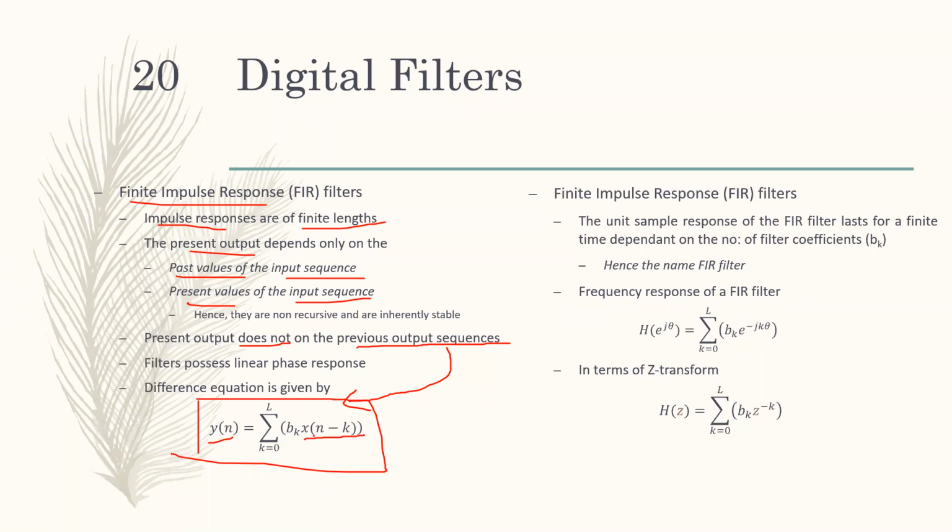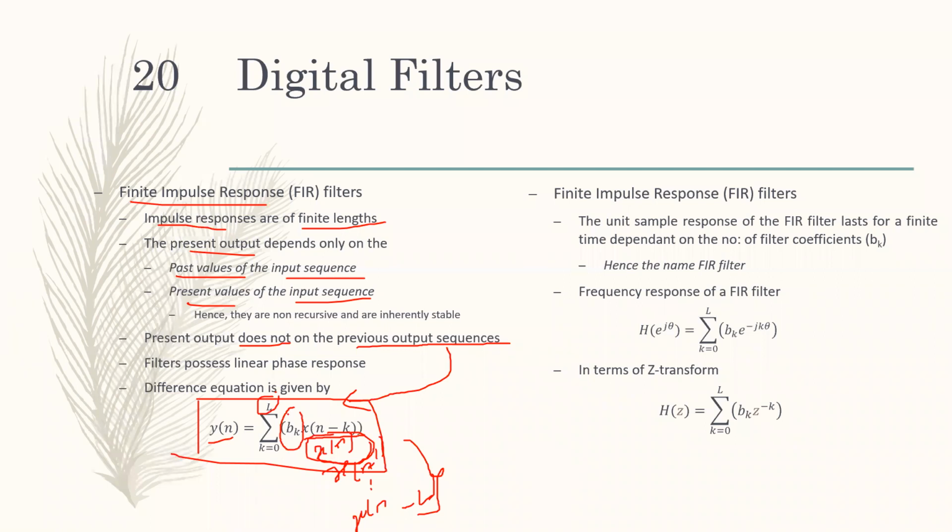When I substitute k equal to 0, I'll be getting the term x of n, which is the present input. When I go further, I'll be getting x of n minus 1, and so on up to x of n minus L, that is up to this value. So these are all the previous values. This is the present value of the input, and I have to identify these coefficients.